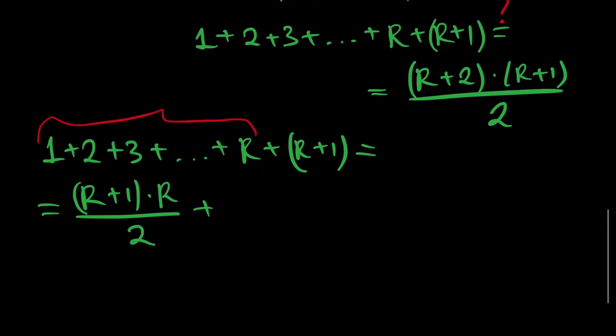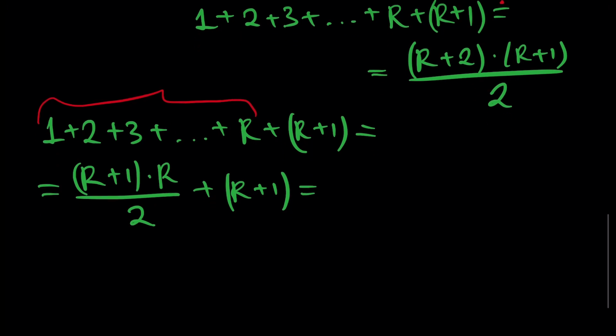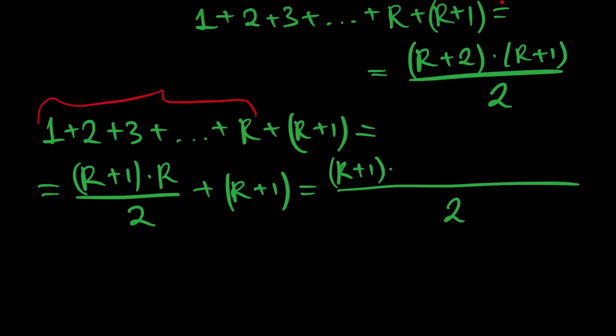And rewrite the last term, k plus 1. Let's rewrite it again: in the denominator we will have 2, in the numerator we will have k plus 1 times k plus 1 times 2.